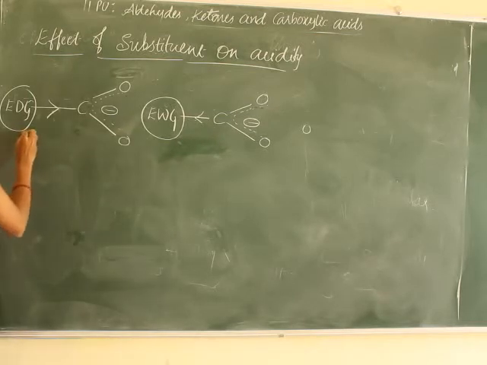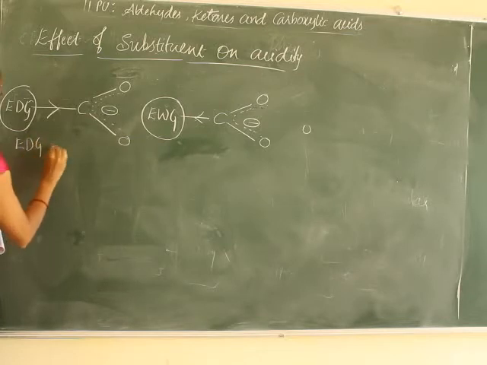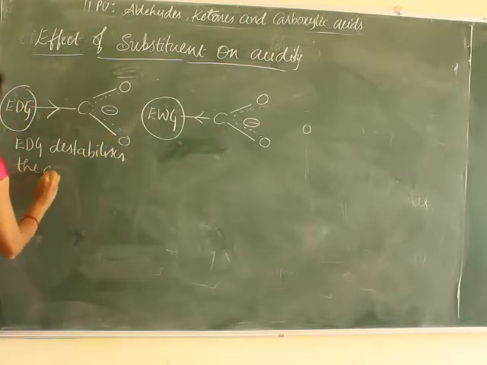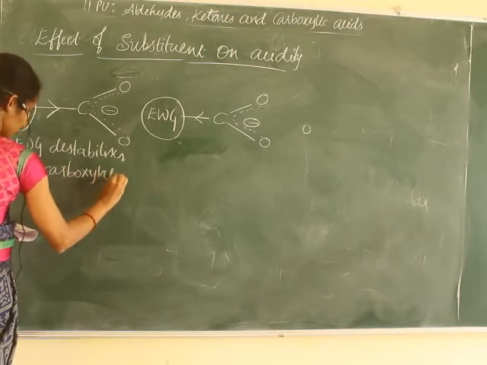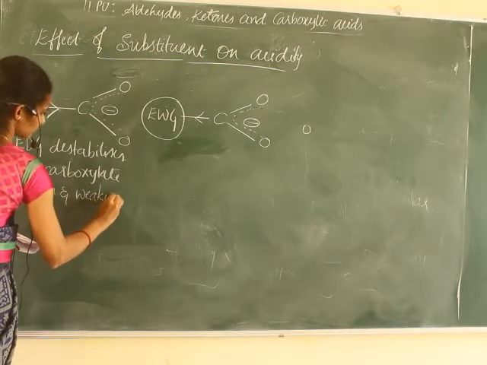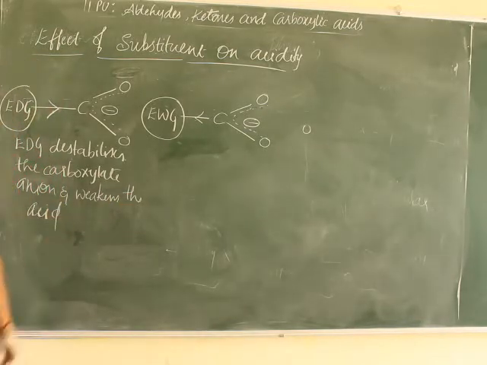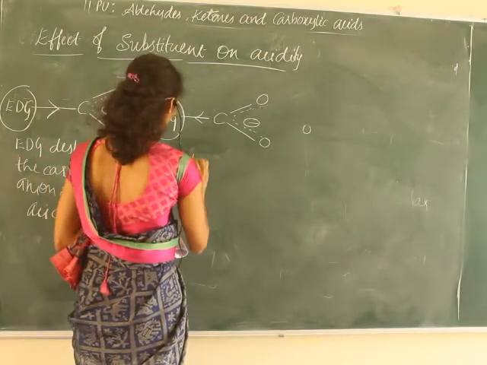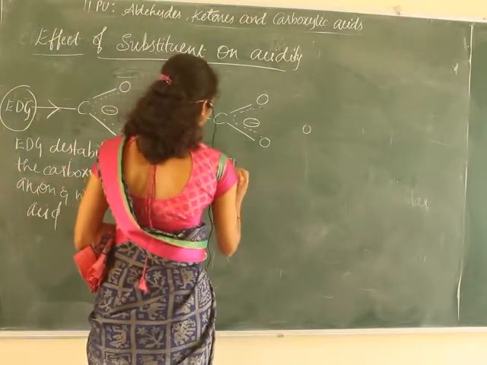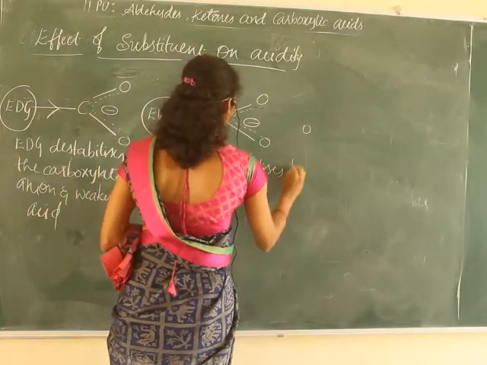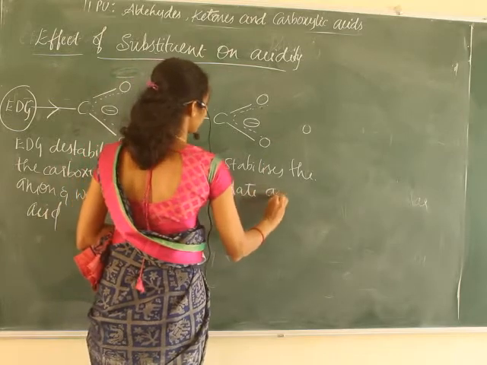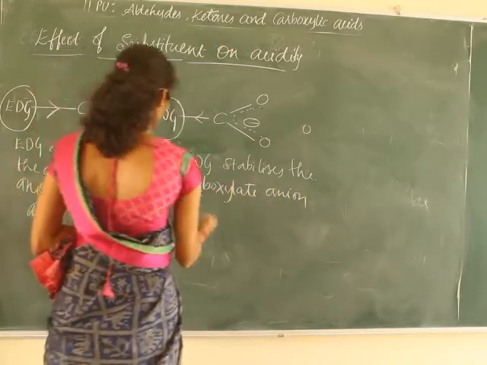That is, an electron donating group destabilizes the carboxylate anion and weakens the acid, and an electron withdrawing group stabilizes the carboxylate anion and strengthens the acid.